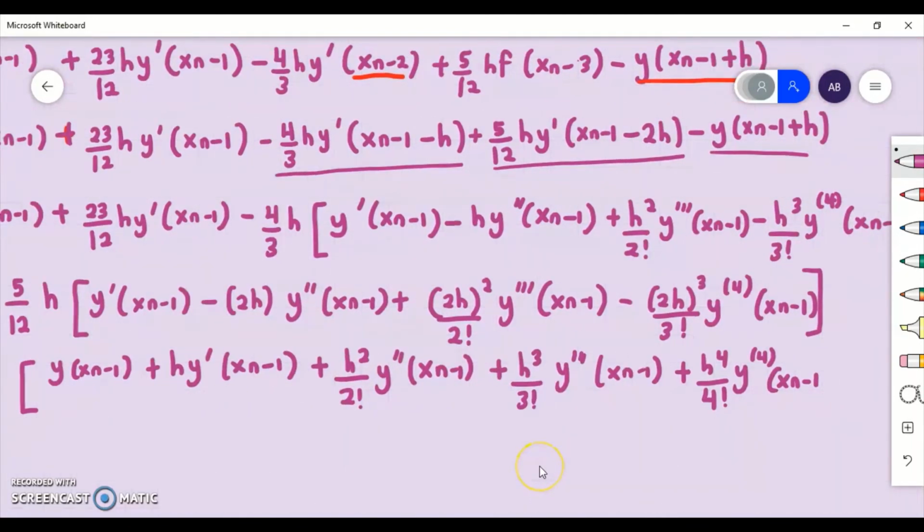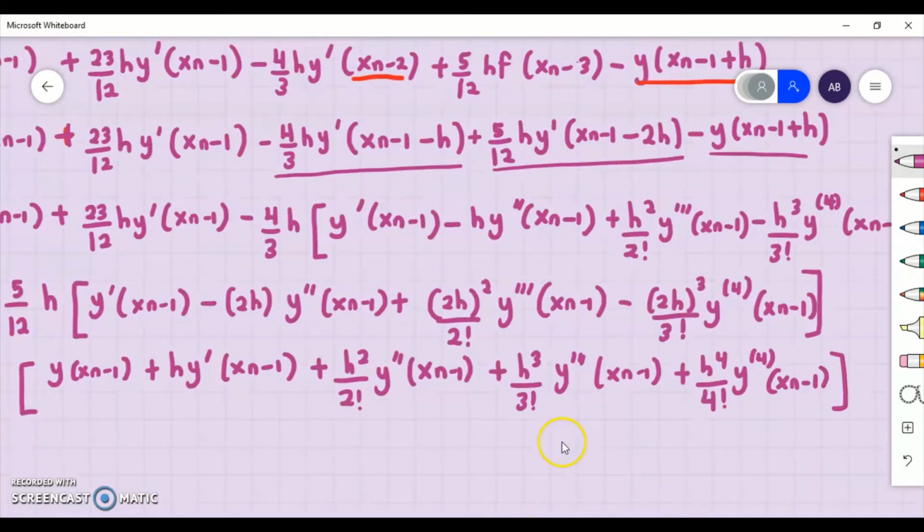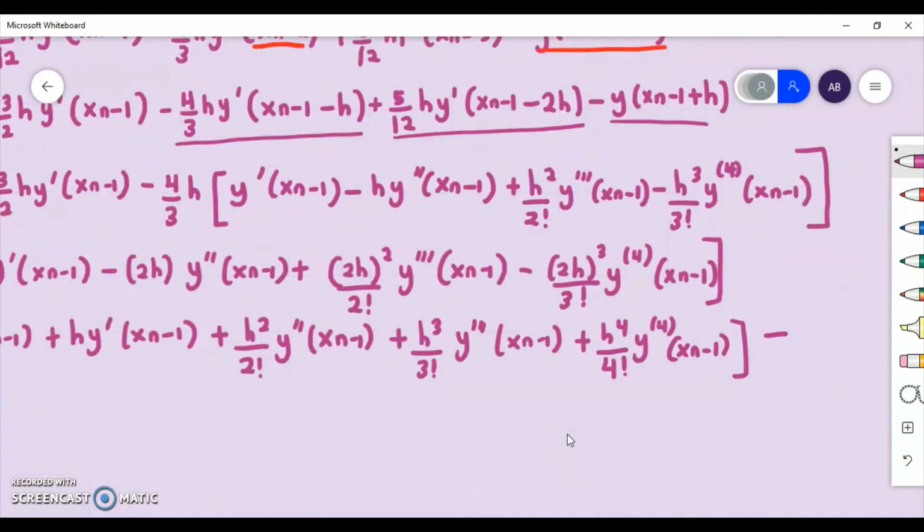Okay, and then the rest is the term involving h to the power 5, which I don't want to expand, so you write it like that. Obviously this is a continuation, don't get me wrong.